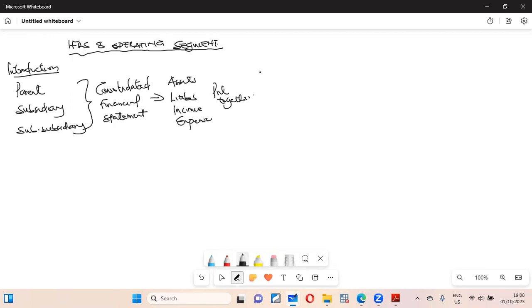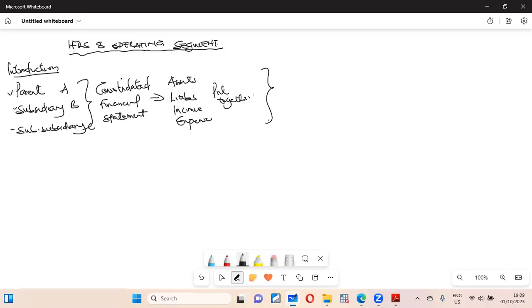When you do this, the question is that we had companies A, B, and C, which you have put together, and you've combined them and prepared a consolidated financial statement for them. And so we don't see the financial statement of these people.